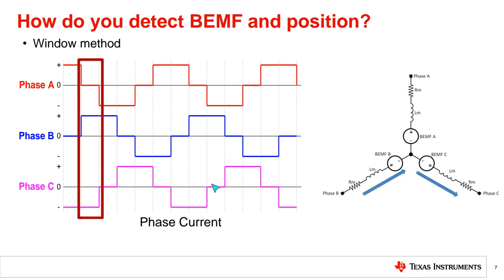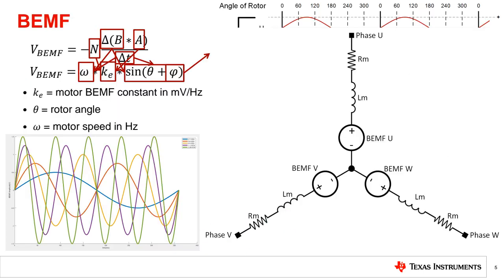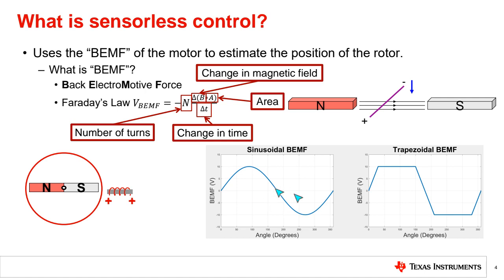Look, this is 0. If you detect the 0 point of your stator voltage, it means that you can estimate the back EMF value. If you detect every 0 point of phase A, phase B, and phase C, you can calculate the position of the motor.